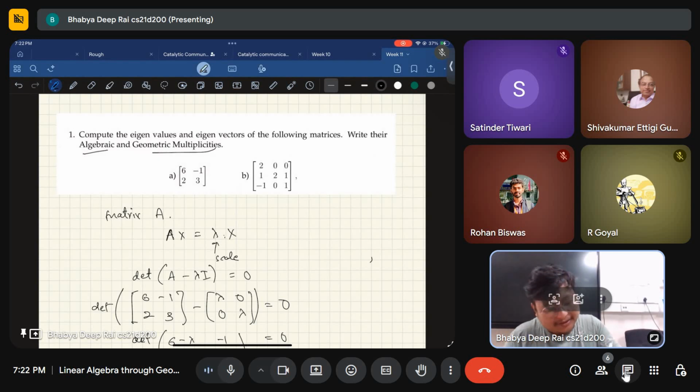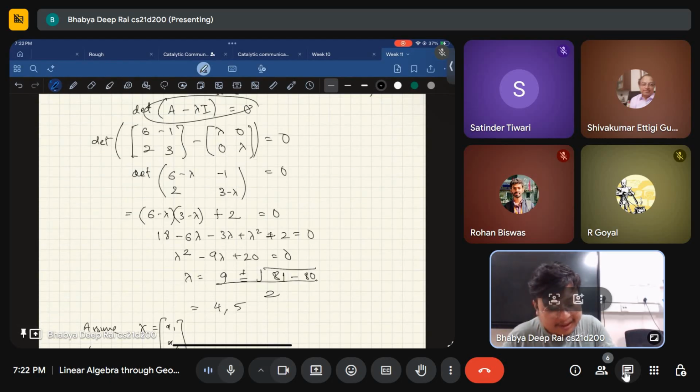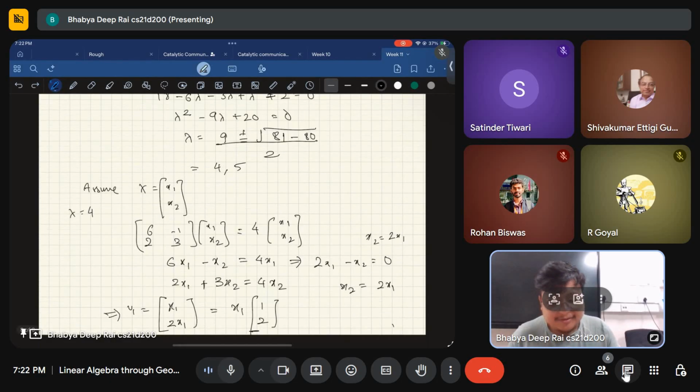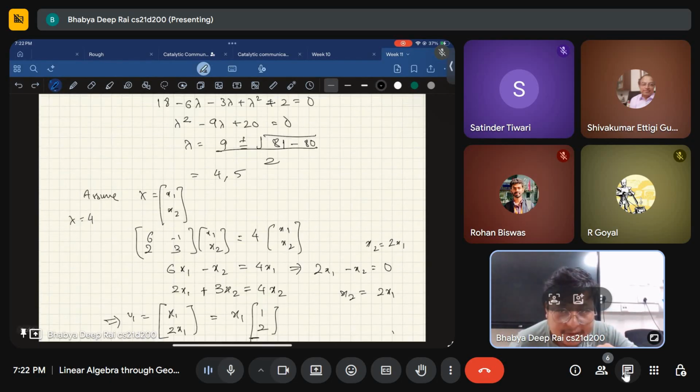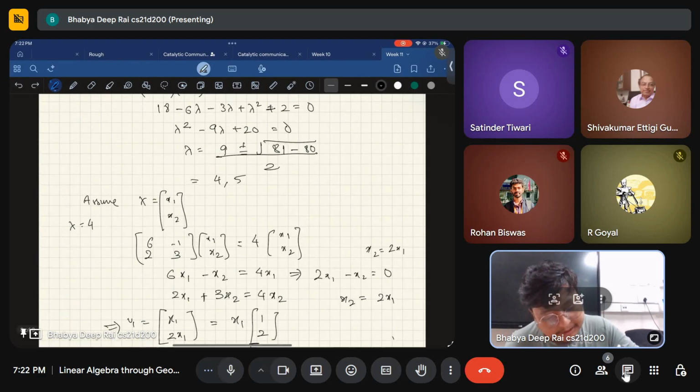The degree of the characteristic equation is 2, so you'll have 2 values, 4 and 5. The multiplicity means how many times the roots are repeated. So 4 has algebraic multiplicity 1, and 5 is also repeated only once, so its algebraic multiplicity is 1.